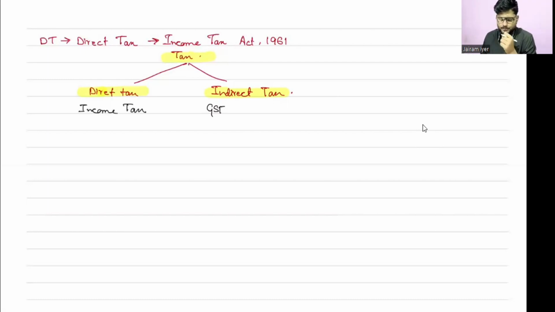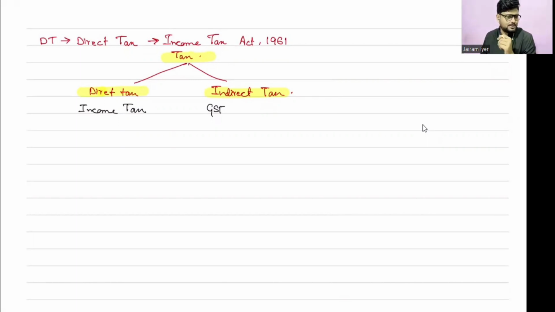If you buy a biscuit of 5 rupees, in that 5 rupees also you have some tax element. Nowadays every one of you must be buying something from Amazon or Flipkart. If you carefully watch the invoice they have sent you, you'll see there will be CGST or SGST or IGST.